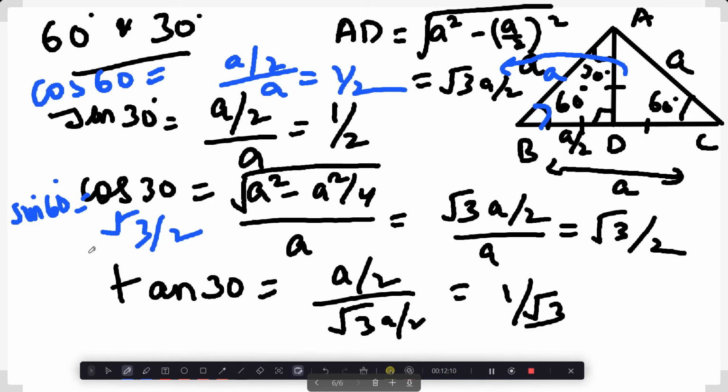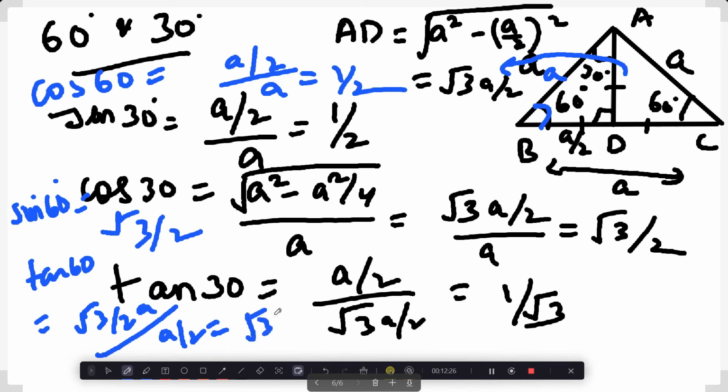Tan 60, root 3 by 2 A divided by A by 2, which is root 3. Okay? You would know the other trigonometric ratios also.